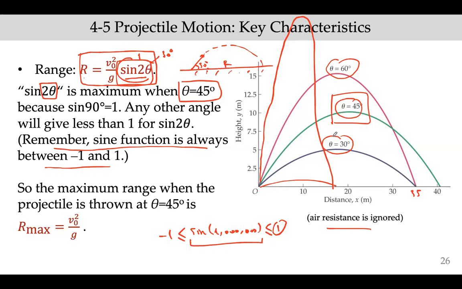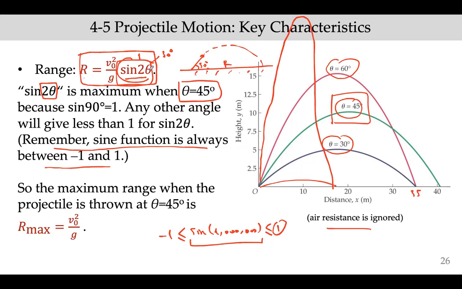What happens if I choose another angle? Let me choose 15 degrees. Sine 2 times 15, so 2 times 15 is 30 degrees. Sine 30 is 0.5, so it's less than 1. Any other angle, you can even take 90 degrees. If you take 90, 2 times 90 is 180.